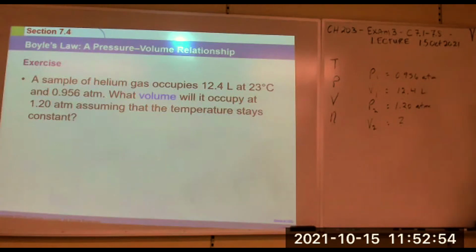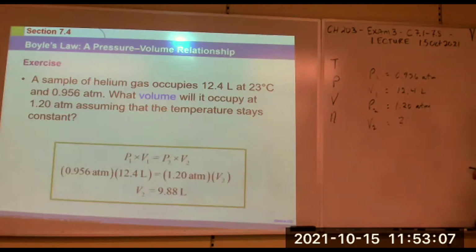As long as the units cancel in your ratio, you use the right units. You couldn't make this one liters and expect this one to be quarts. It just wouldn't work. So there you have it set up, and we find out that the volume now would be 9.88 liters instead of 12.4. So as the pressure went up, the volume went down.